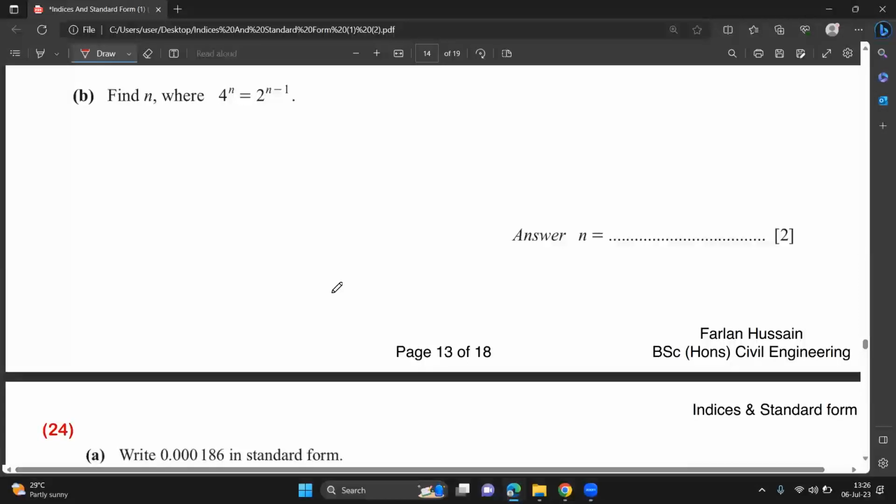Why will it? 4 to the power n will change to 2 squared to the power n equals 2 to the power n minus 1. What should I do now? Multiply. It becomes 2 to the power 2n equals 2 to the power n minus 1.